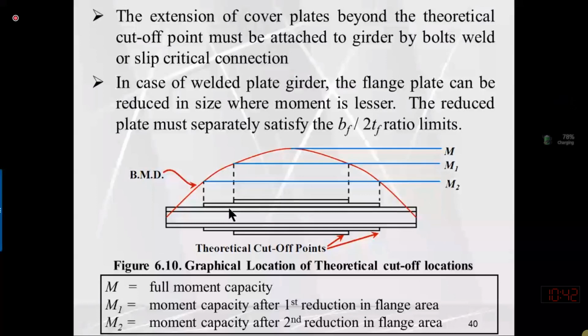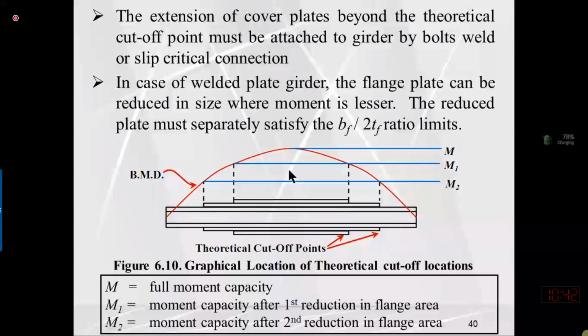And maybe at section 2, we have lesser bending moment, so maybe we require only one plate. Or maybe in this portion, the moment is larger, so we require two flange plates. And in the center portion, we require a thicker flange because the moment is larger, if we are keeping the depth constant.